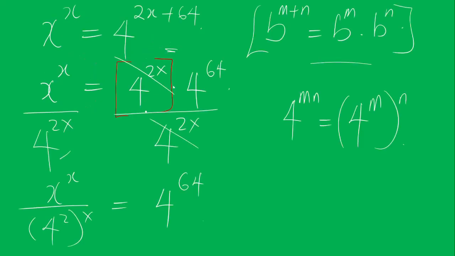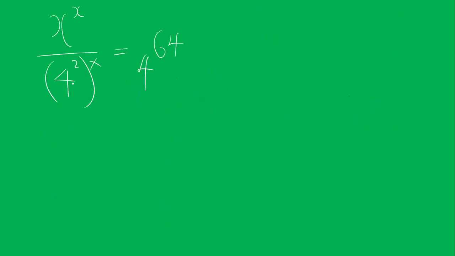Now, this implies that x to the power of x all over 4 to the power of 2, which is 16, so 16 to the power of x is equal to 4 to the power of 64.